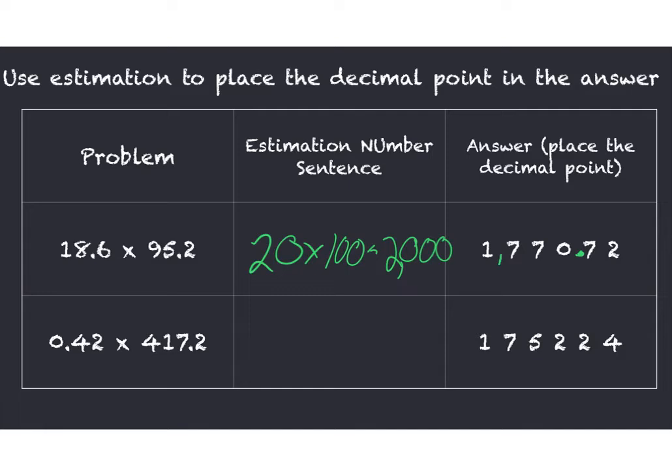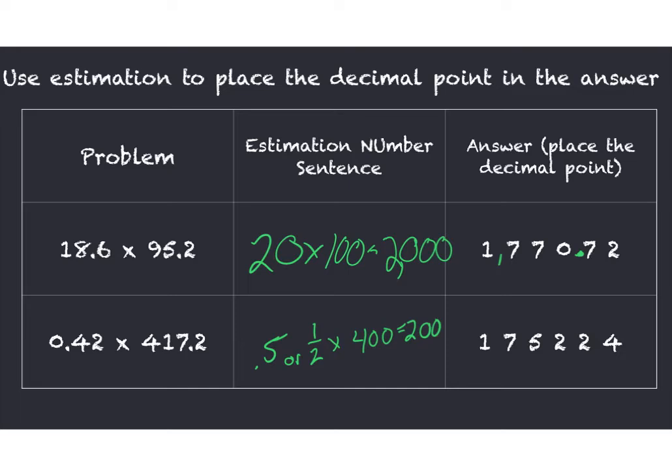So another way I could think of this is that 42 hundredths is pretty close to 5/10. And 5/10 is another way of saying 1/2. So 1/2 times 400, what is half of 400? That's right, it's 200. So my answer is going to be pretty close to 200.